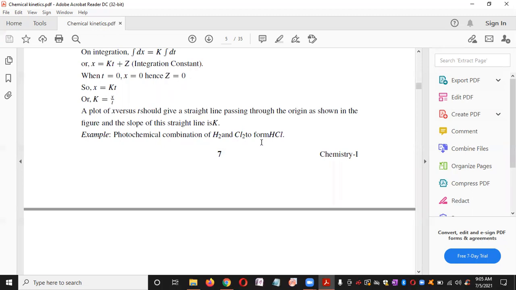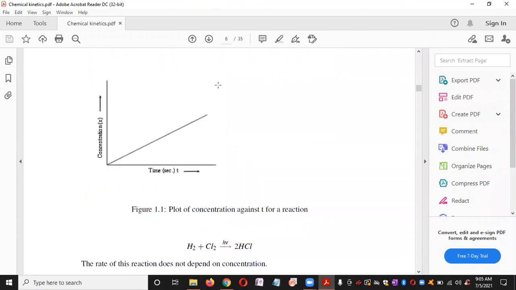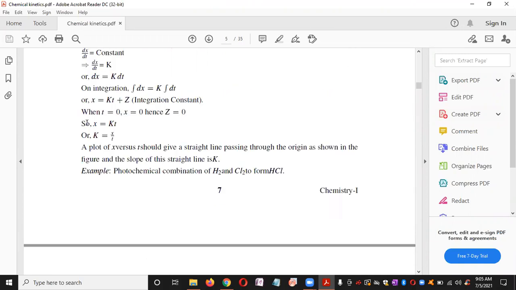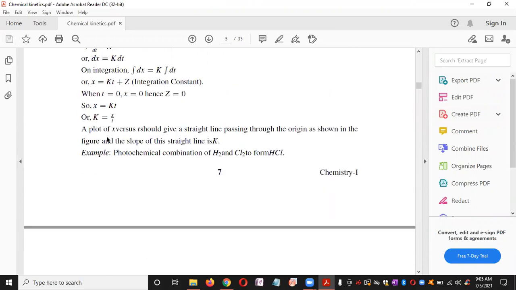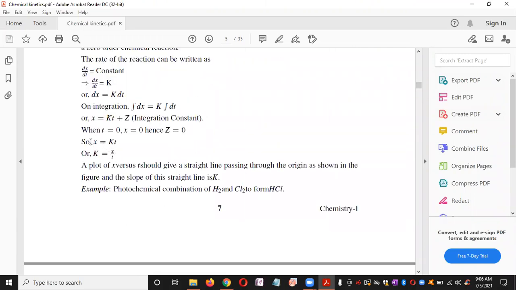Example, H2 plus Cl2 gives rise to the formation of HCl. Now, how can we plot a graph for this reaction?